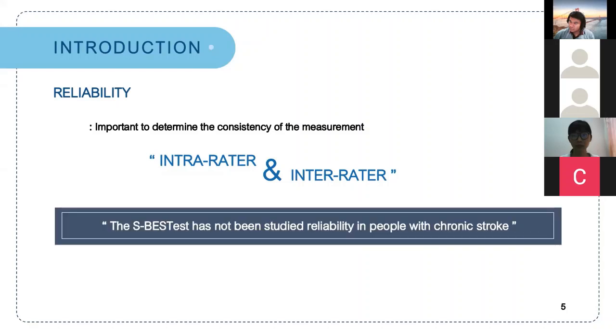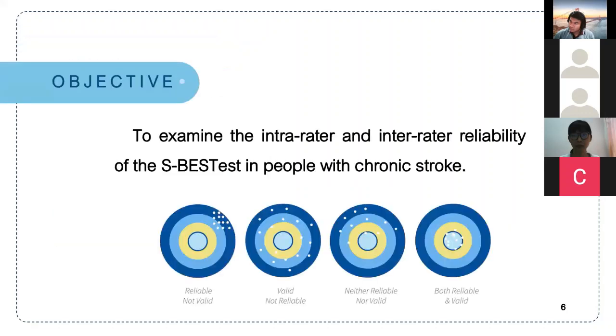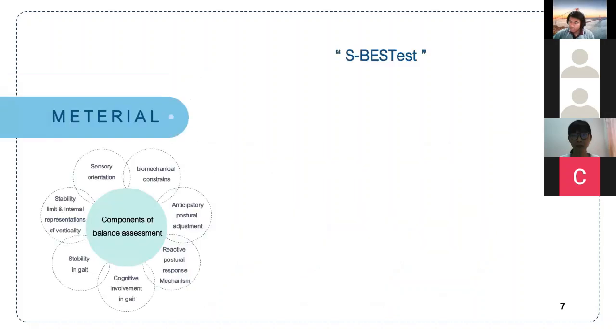But the reliability of the S-BESTest has not been studied in people with chronic stroke. Therefore, the aim of this study is to examine the intra-rater and inter-rater reliability of the S-BESTest in people with chronic stroke.